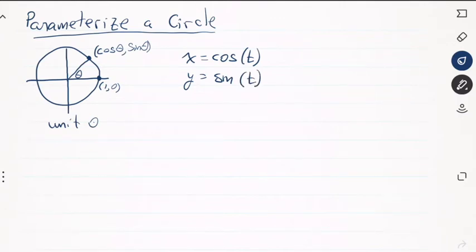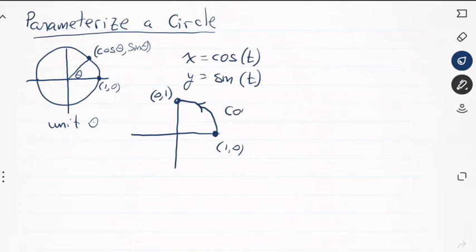And we pretty much know what this picture is going to look like orientation-wise. The first point will be here at 1, 0. And then it's going to move counterclockwise until it gets to the point 0, 1. So we know the orientation is counterclockwise.